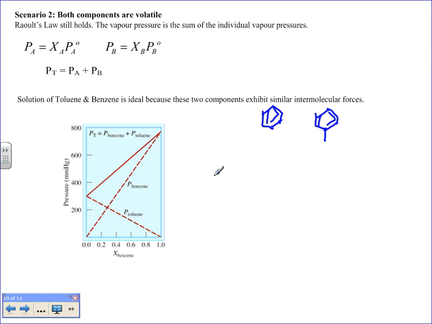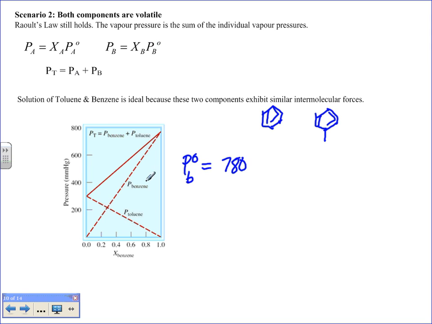Okay, so let's look at a couple of points on here. So what you can see from this is if I've got a pure solution of benzene, so the mole fraction of benzene is 1, the total pressure of the system and the partial pressure of benzene are equal, and the pressure is at about 780.